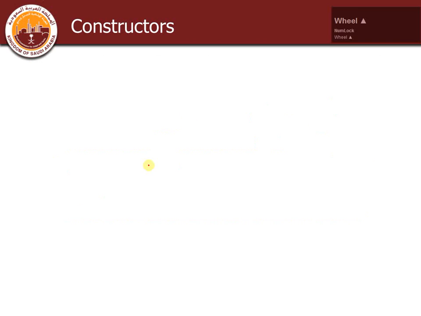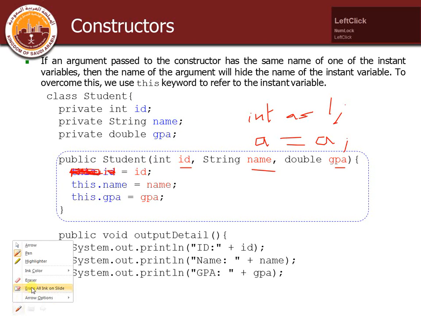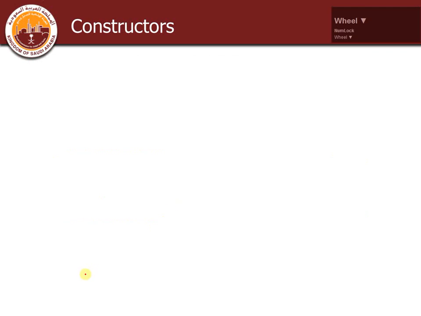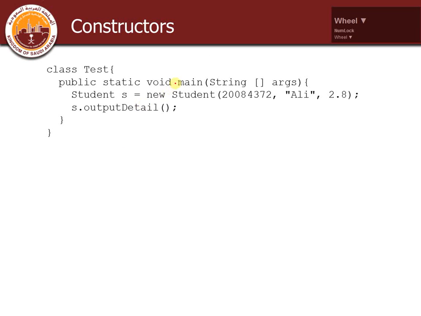So this is the thing that would happen if you don't use this. And this is a special case where it is only used when the parameter name is exactly the same as the instance variable. Alright? Do you have any questions?